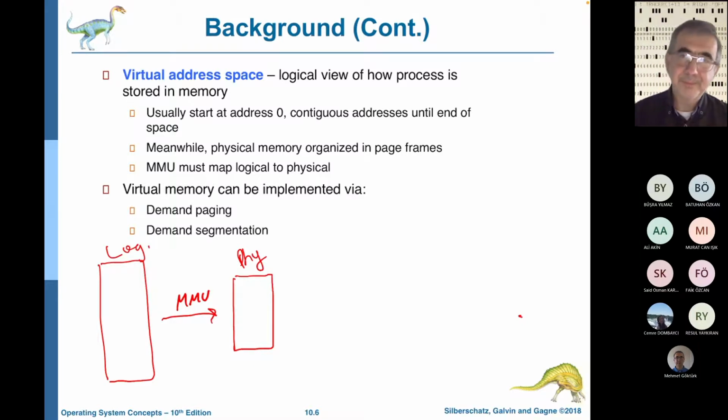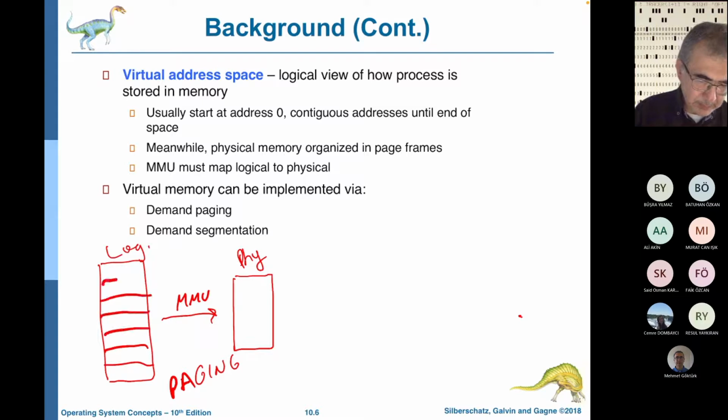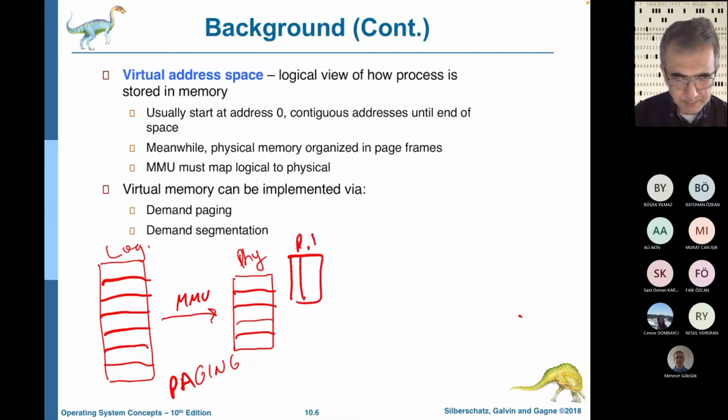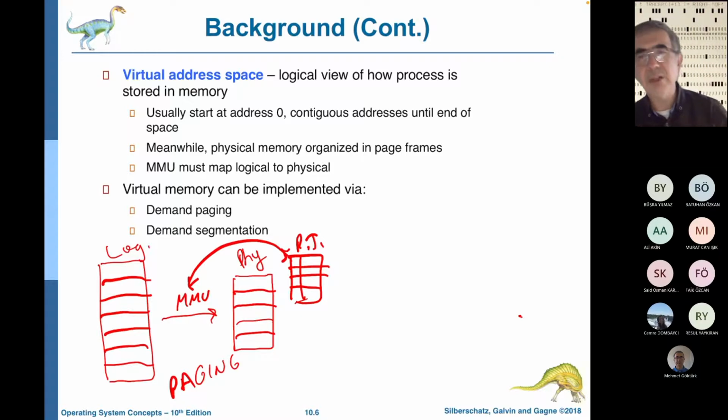In virtual memory, this is for paging. These are pages. These are frames. And there is a page table. So it shows what is where, and the memory management unit checks in relation with the page table.